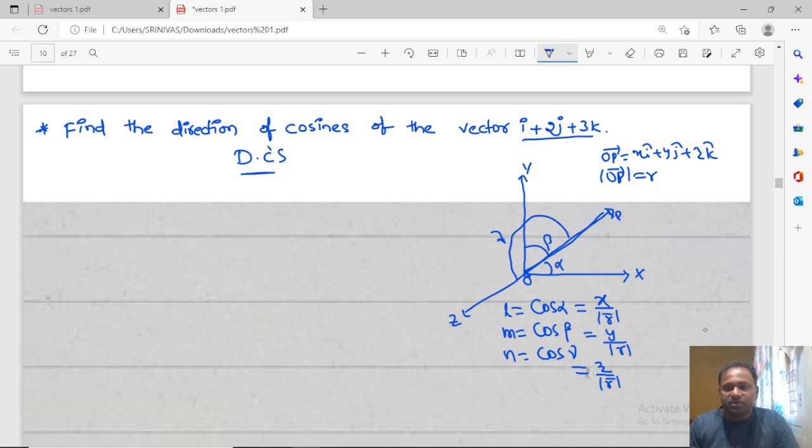So simply I will write like this: x by R, y by R, z by R, because the modulus I have taken here, its name is R. Right? So how you got this, it also has a procedure.